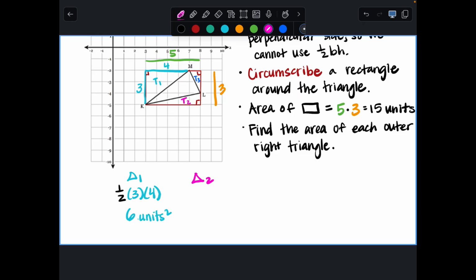What are the base and the height of triangle 2? 5 and 1.